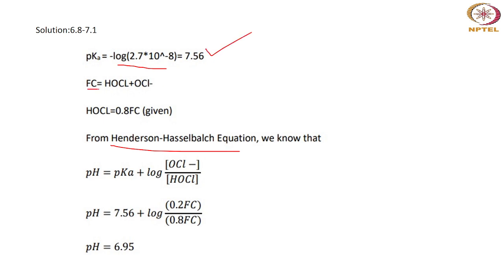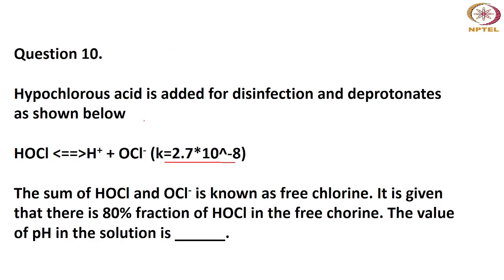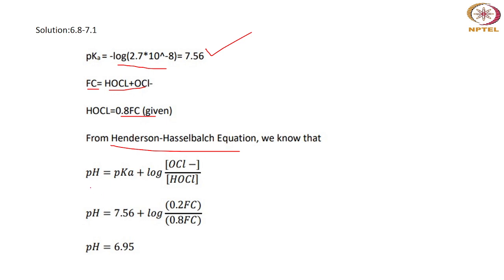Now the total free chlorine equals HOCl plus OCl minus, and HOCl is given as 0.8 of the free chlorine, that is 80% of the free chlorine, right? 80% fraction of HOCl in the free chlorine. So the pH equals, this is the Henderson-Hasselbalch equation.